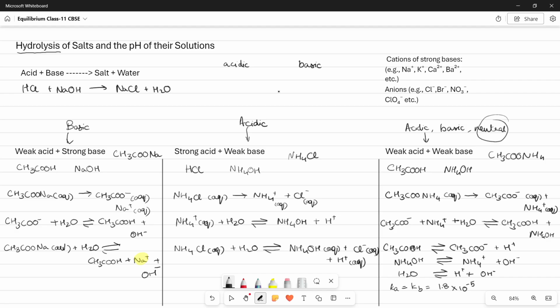So basically the strength of the acid and the base dictates whether the salt solution formed is acidic or basic. At the end of this topic, we have been given one very important equation. The pH of this particular solution is going to be 7 plus half of pKa minus pKb.